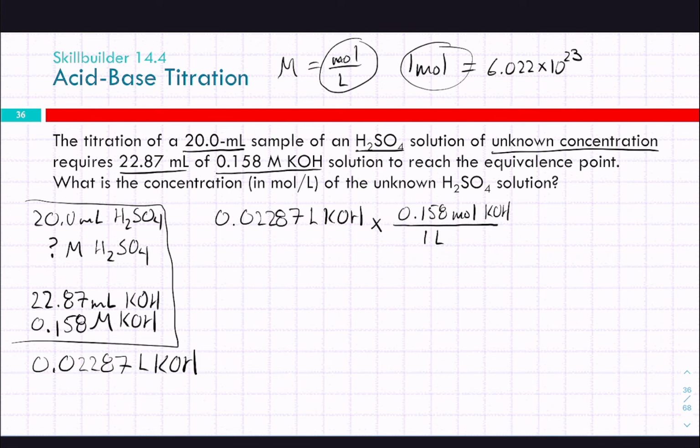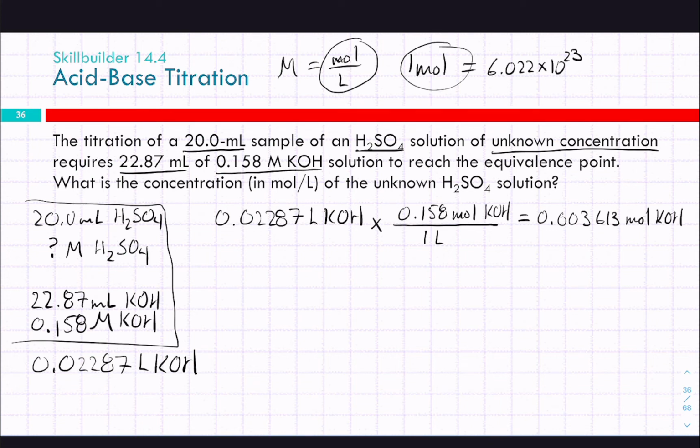Okay, so then 0.02287 times 0.158. So this is 0.003613 moles KOH.